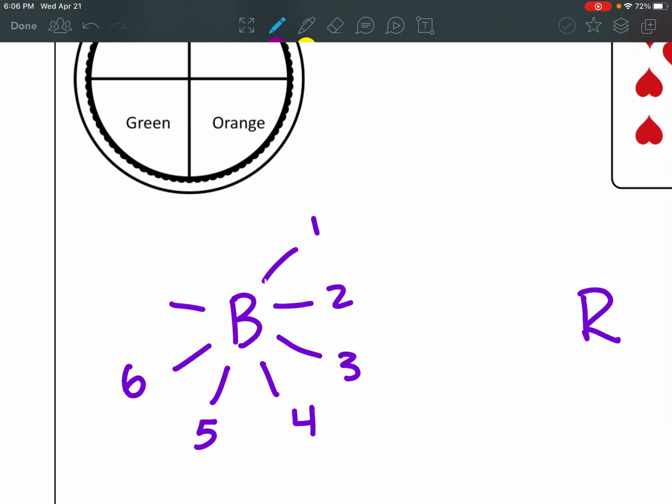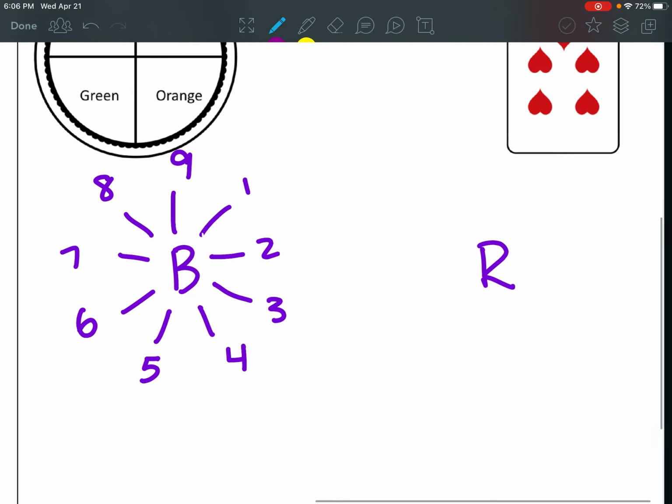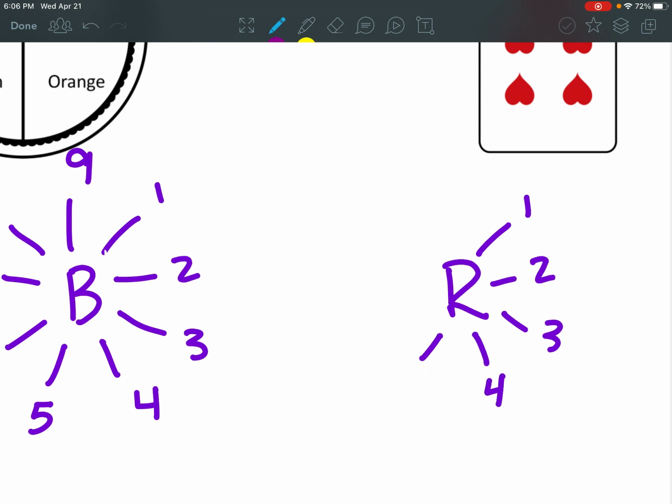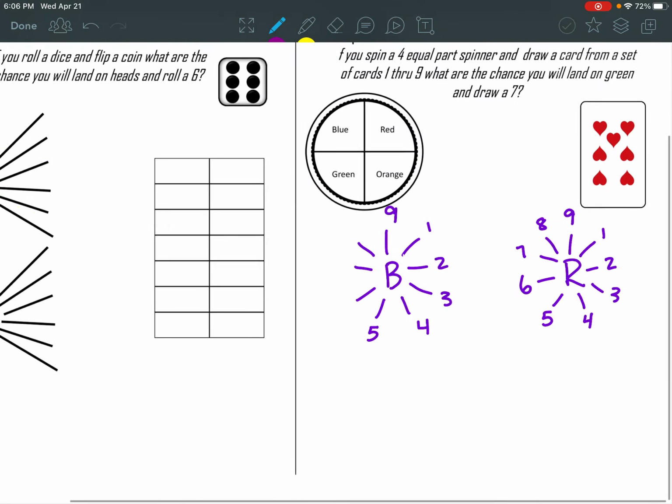I was leaving myself enough room to show every possible outcome. And this is, again, a tree diagram where we could see, okay, well, now we could spin a red and pick a card numbered 1 through 9, and so on.